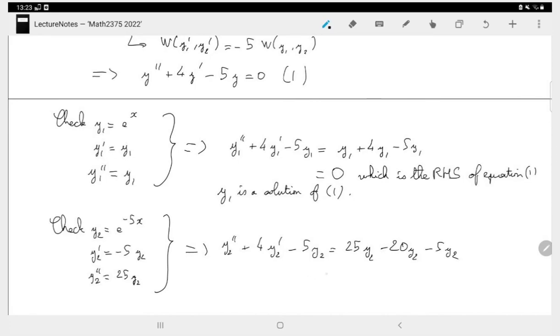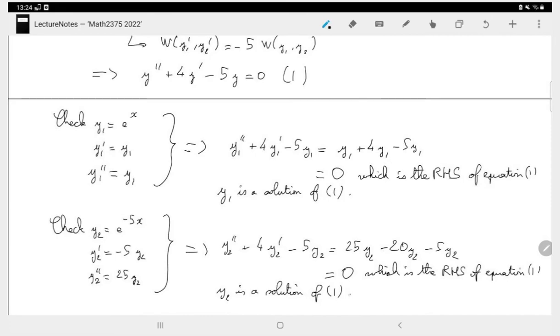And that is equal to 0, which is what we were looking for, the right-hand side of equation 1. So y2 is a solution of 1.